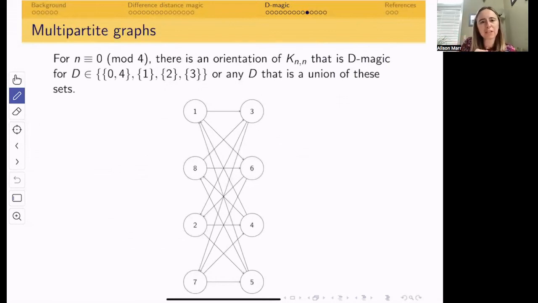Again, we played with some multipartite graphs. This is K_{n,n}. You can use various different distance sets. You can use the set {0}, {4}, {1}, {2}, or {3}, or any union of those individual sets. So you can pick your favorites of those, because if it's magic for one of these sets, it's magic for all of them. So this is an example of that.